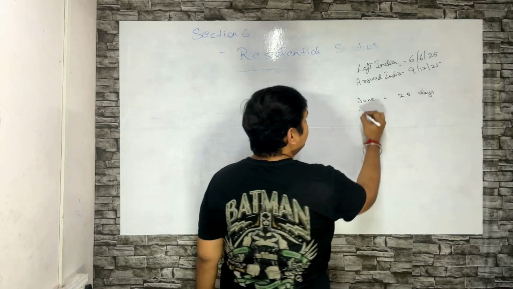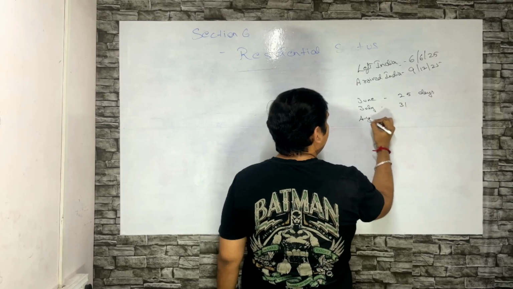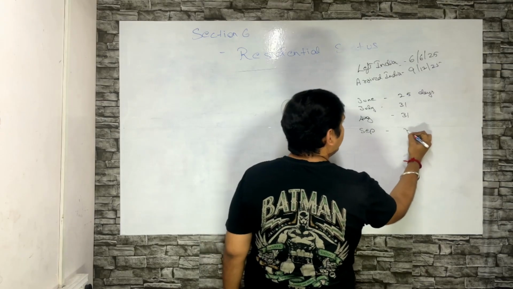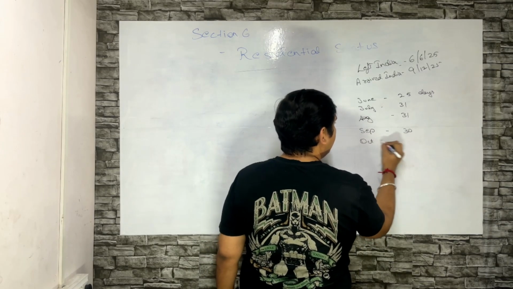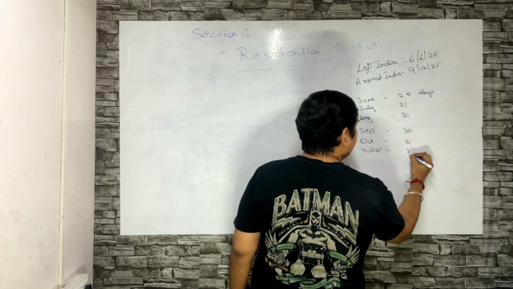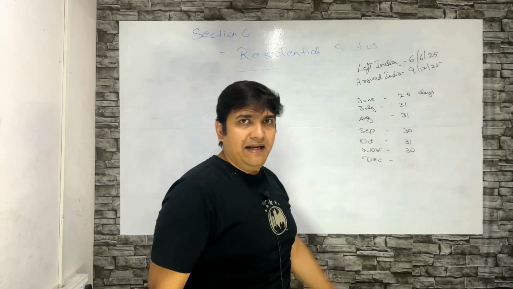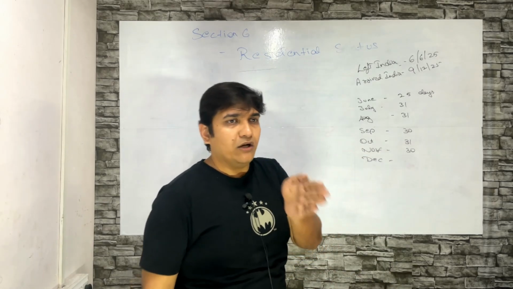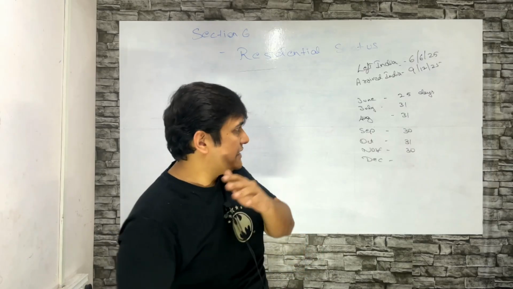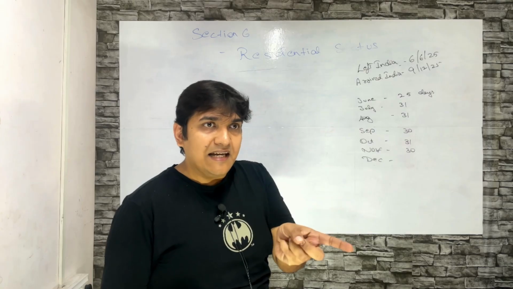25 days. Then July 31 days, August 31 days, September 30, October 31, November 30, December. In December, 9 days. We have to take the 9th as well, because that is the day of sign off, and that has to be included as part of stay outside India.